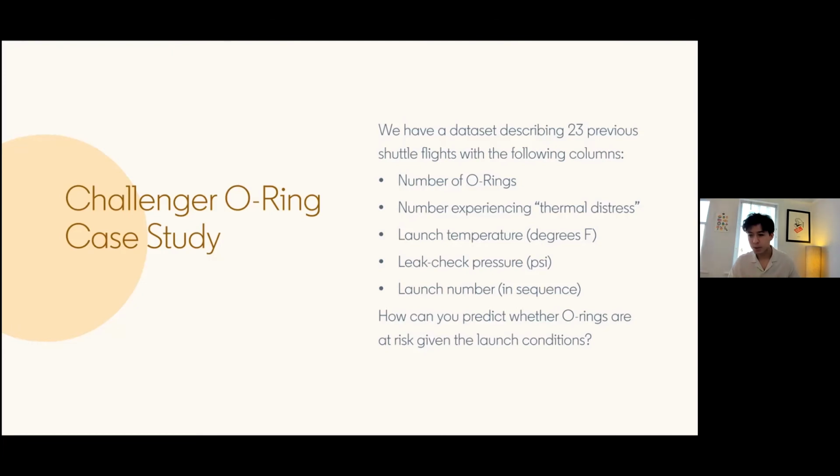So it's important to consider the size of the data set, right? And if we only have 23 previous shuttle flights, then splitting into training and test sets becomes difficult, right? We don't have the luxury of having an abundance of data here. So we really need to be judicious in terms of allocating our data between training and validation and test sets and so on, right?